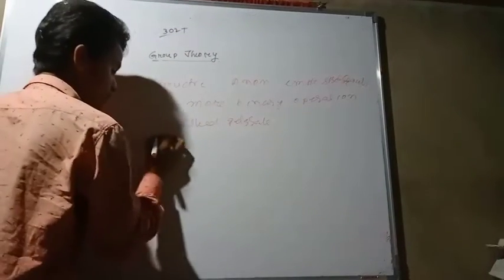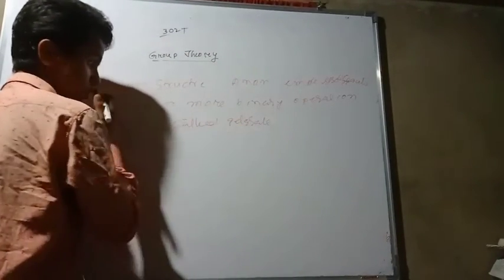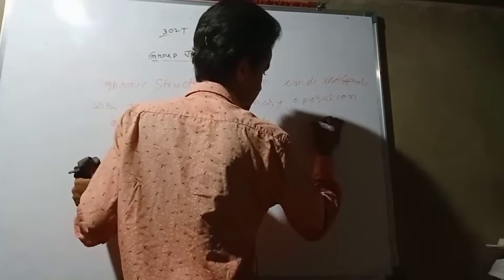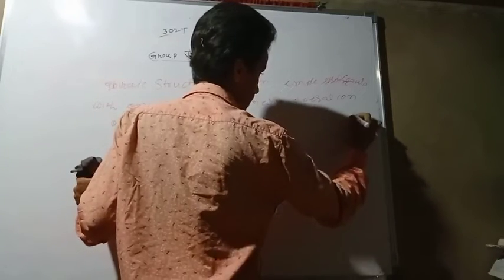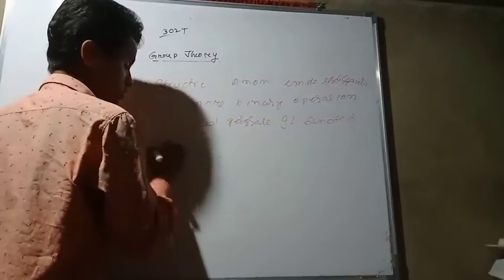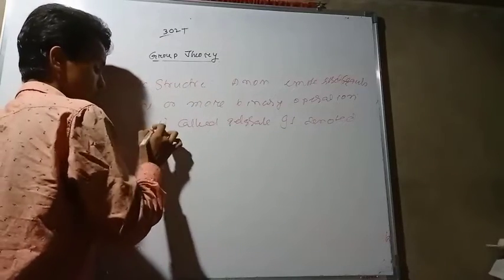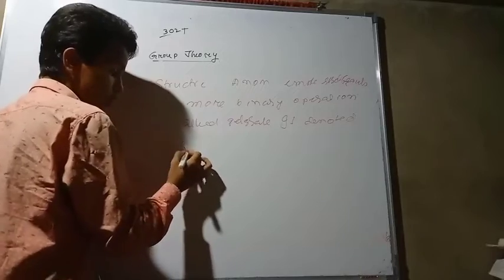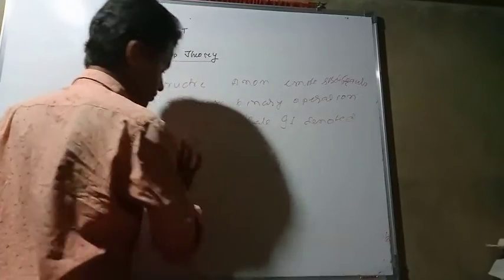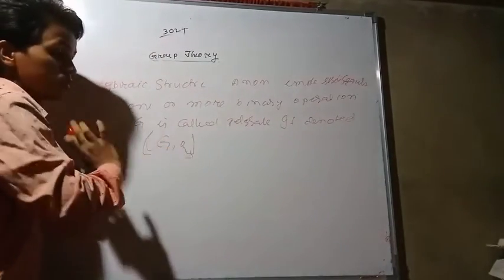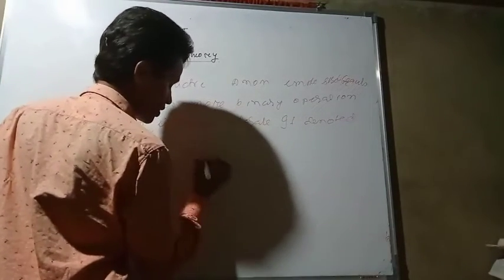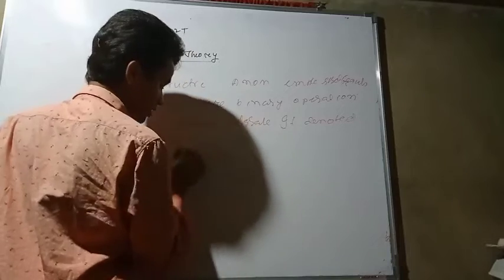If we have a set G associated with an operation, it is denoted by G along with that operation, which may be plus, minus, or anything we have learned.